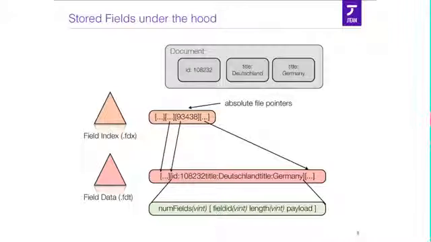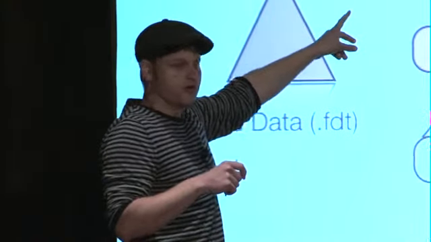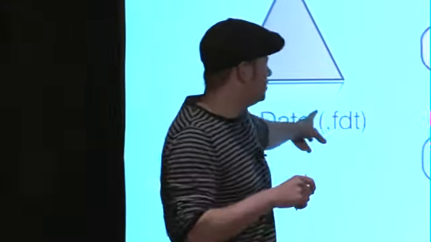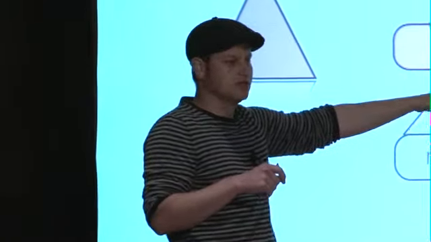At least. How do stored fields work and why is it actually slow? Well, it's all stored on disk, right? There's nothing in memory. There's a couple of things in the file system cache, but for each document you have to go through the FDX index file and get the absolute pointer for the document, then go to the FDT file and scan through until you get the field you want to retrieve. So for every document, you do 2 seeks.